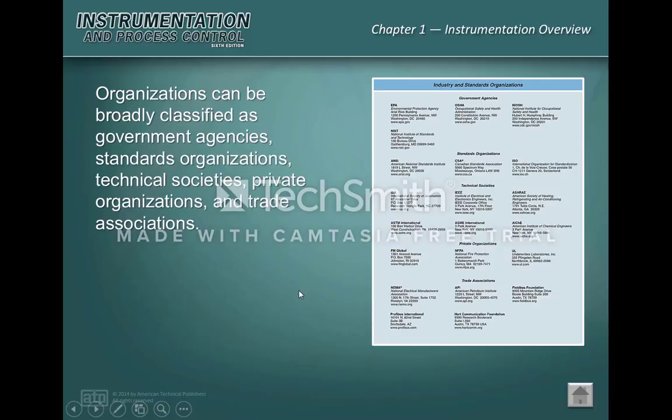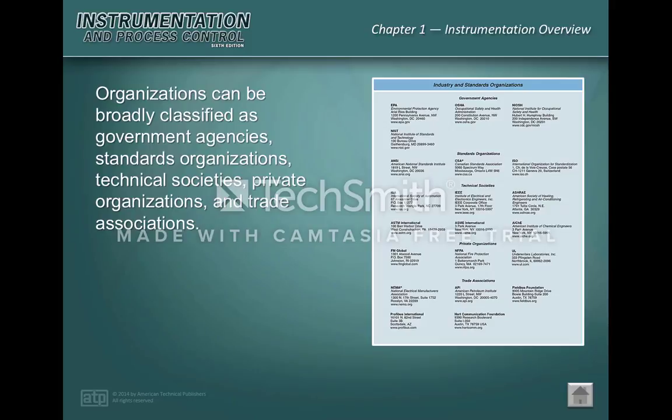Organizations can be broadly classified as government agencies, standards and technical societies, private organizations, and trade associations. So these are just some of the organizations that have a hand in the instrumentation field. Most of them you don't have to really worry about. A few of note: EPA, because instrumentation has to deal with water, most notably wastewater.